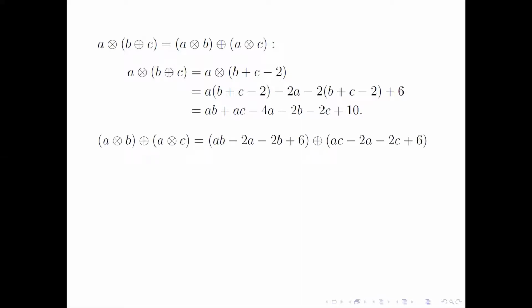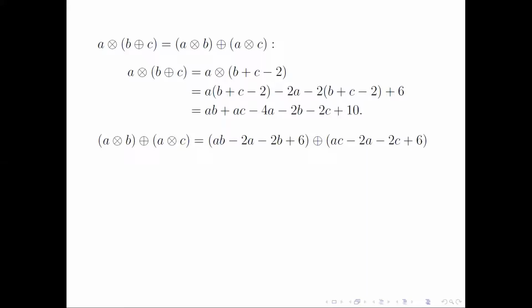Now we look at the right-hand side. (a circled times b) circled plus (a circled times c). The first part is a circled times b. By definition, ab minus 2a minus 2b plus 6. And the second part, ac minus 2a minus 2c plus 6.